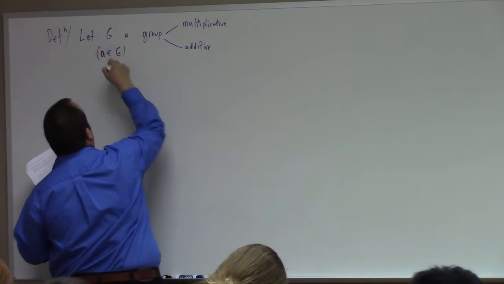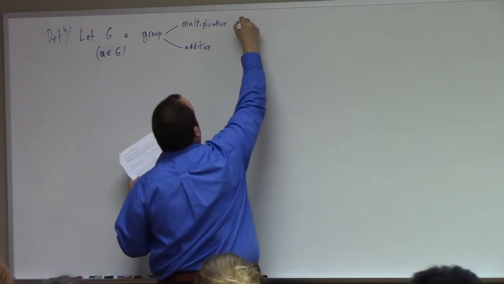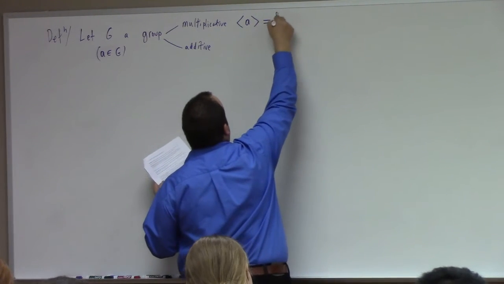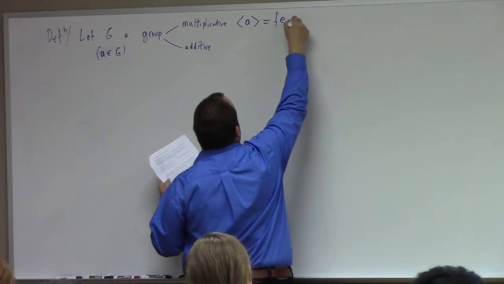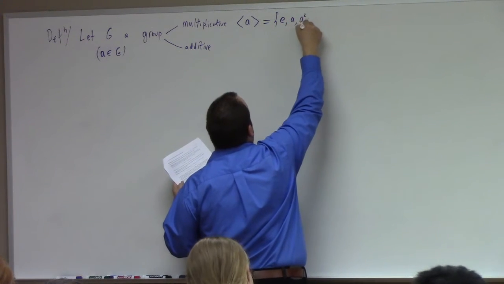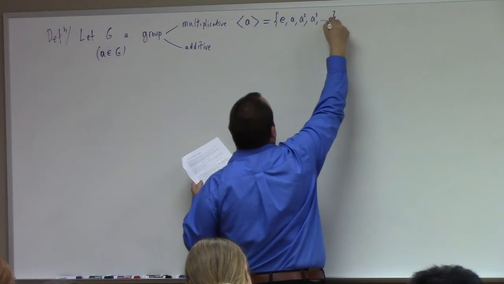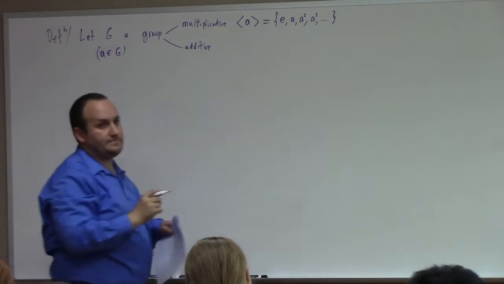All right. Then this notation, angle bracket A, means e, A squared, A cubed, and so forth and so on forever and ever.